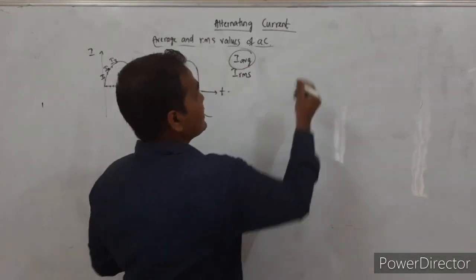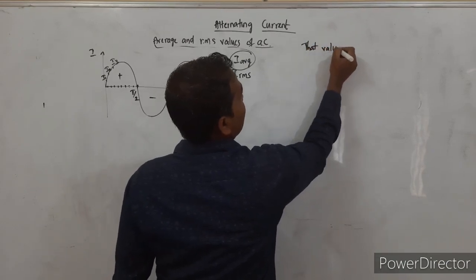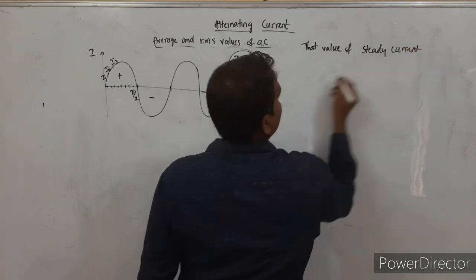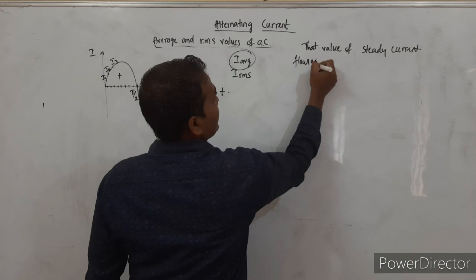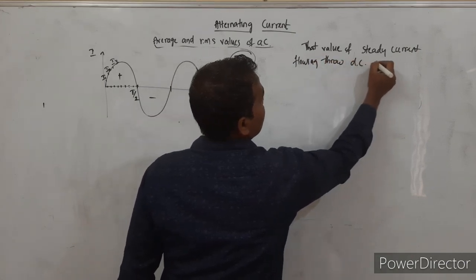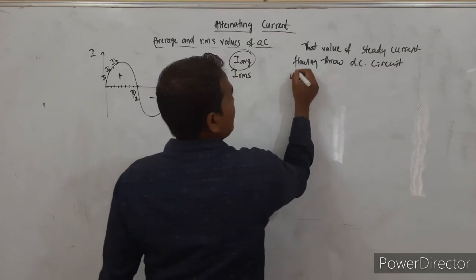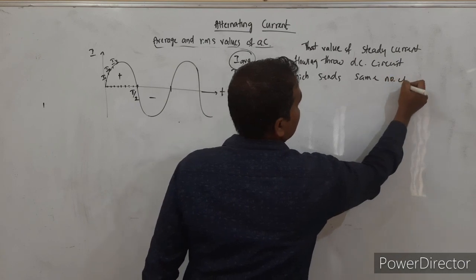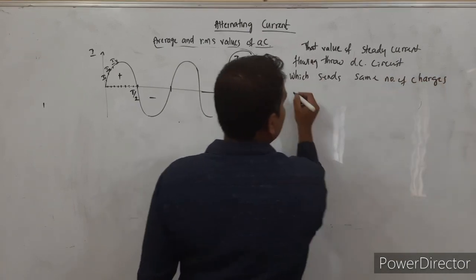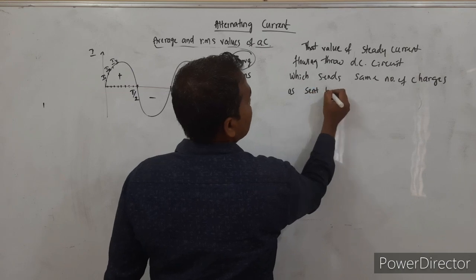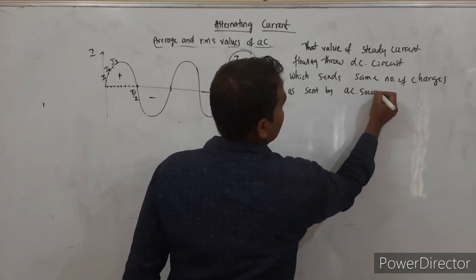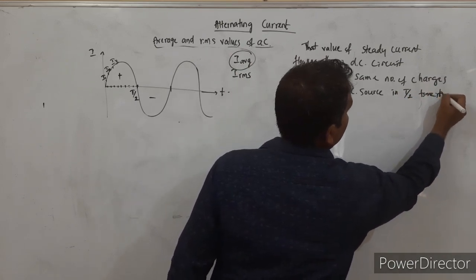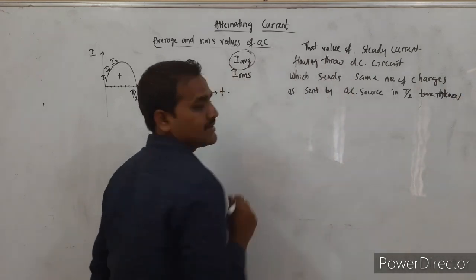It is that value of steady current flowing through a DC circuit which sends the same number of charges as sent by the AC source in T by 2 time interval through the same circuit.